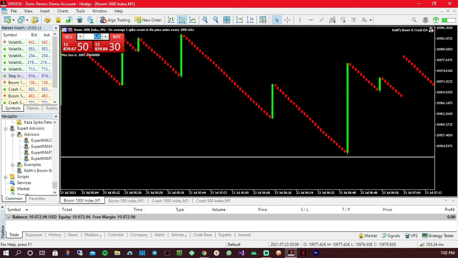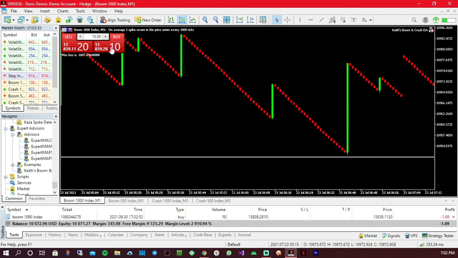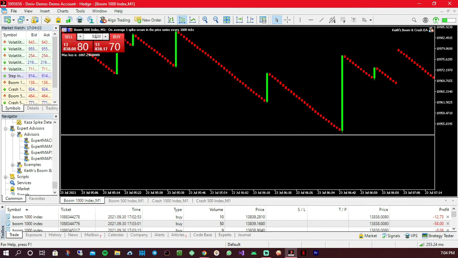So let's try a 10 lot size and simply place as many orders as possible. Okay, 10 has worked. The largest lot size is 50.